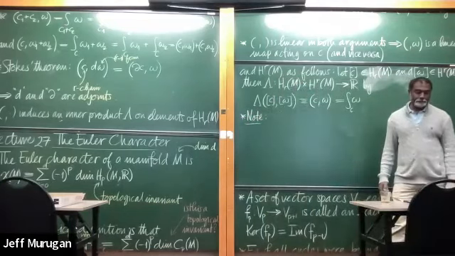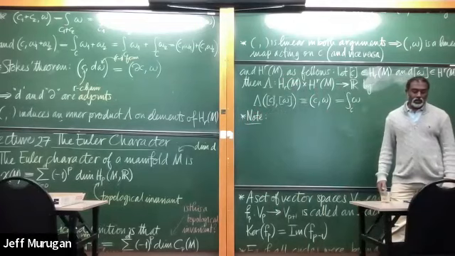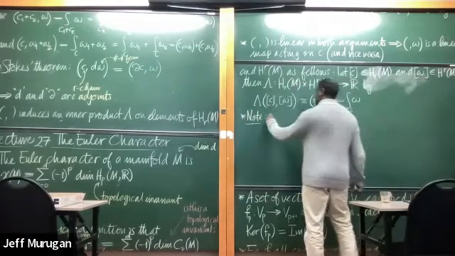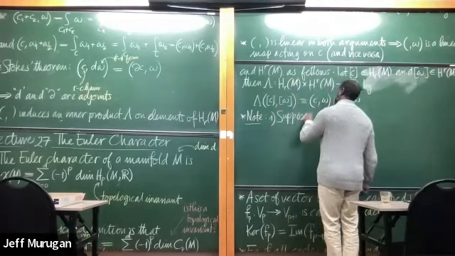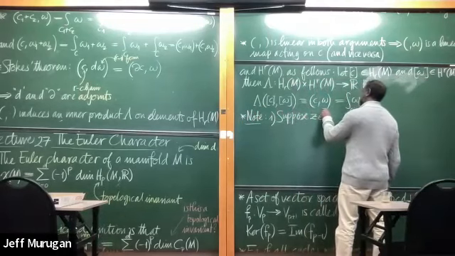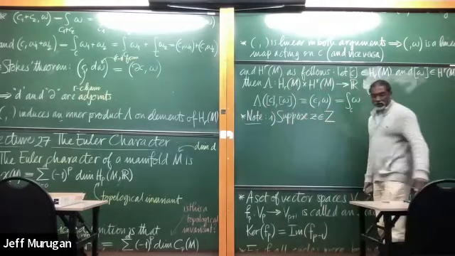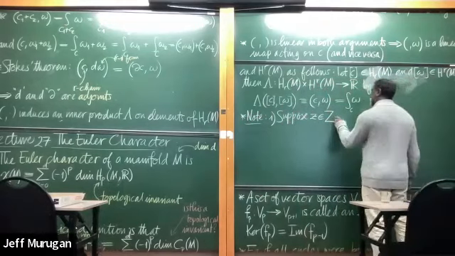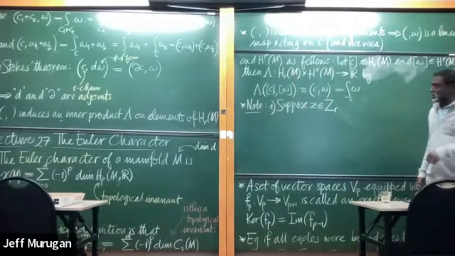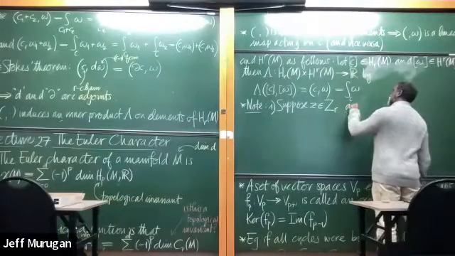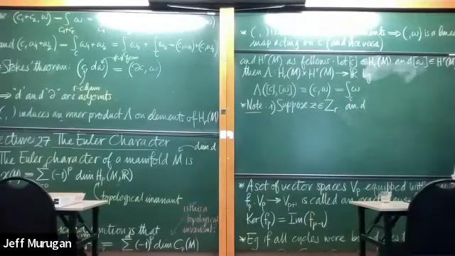Suppose I take some r cycle Z, and take two r forms, omega 1 and omega 2, in omega^r(M), that differ by an exact form.